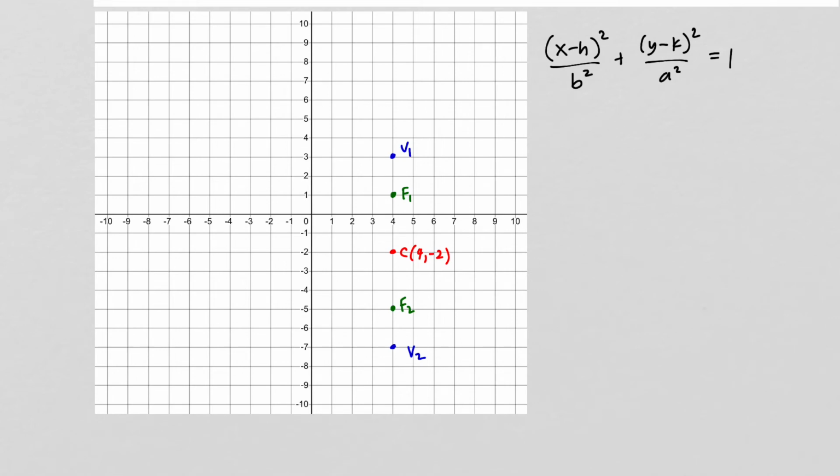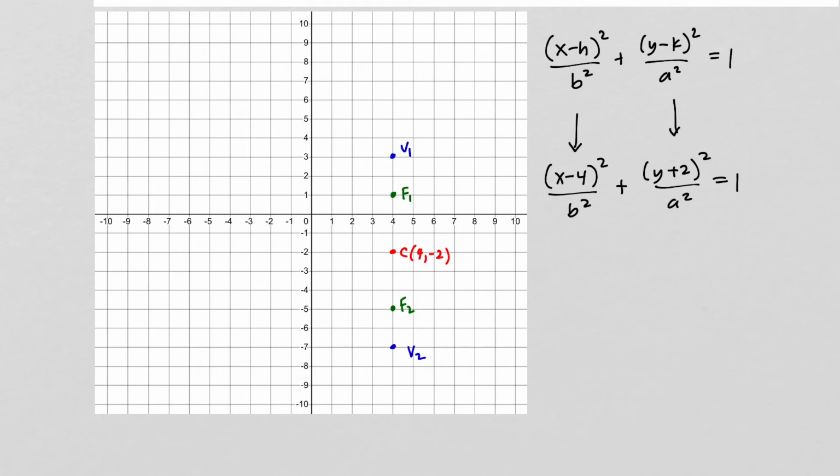So we do know the value of h. h is 4, and we also know the value of k. k is -2. So this equation now looks like (x - 4)^2 over b^2 plus (y + 2)^2 over a^2 is equal to 1. So now we just need to know, what is the value of a and b?